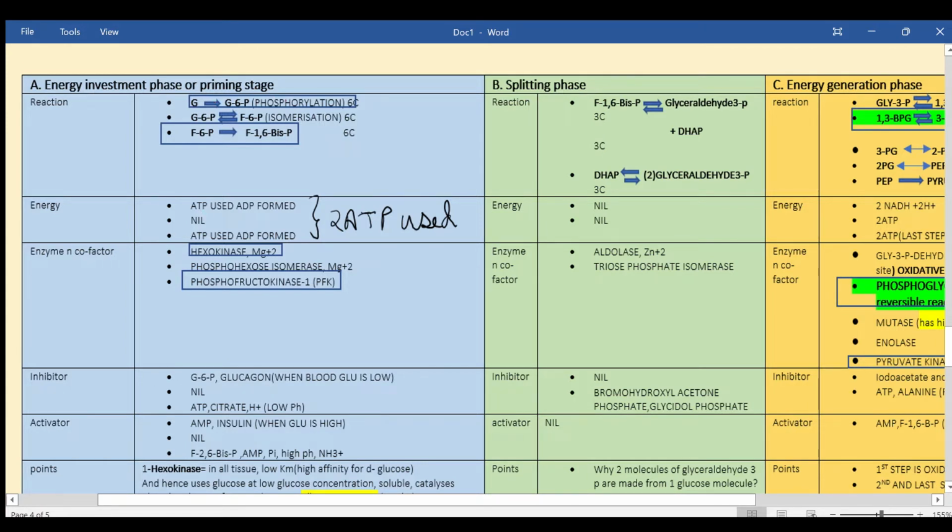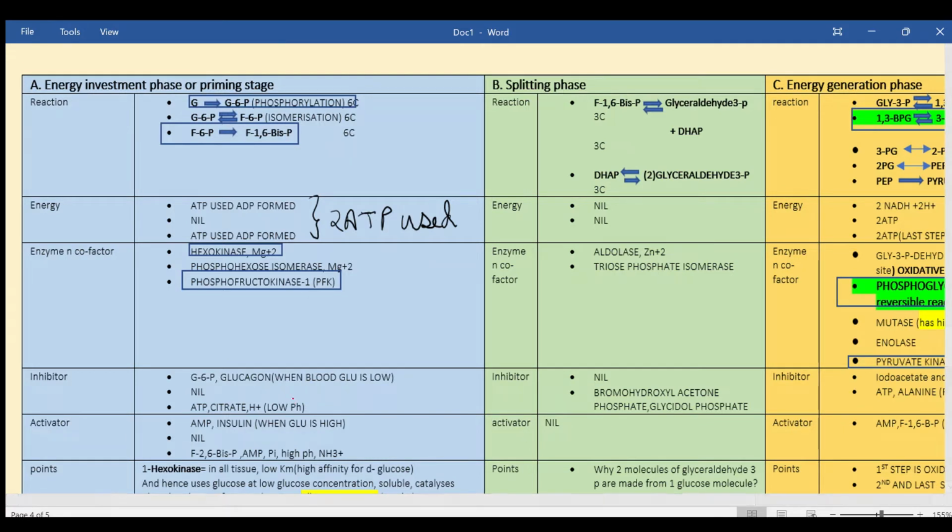The second step does not have any inhibitor, and the third step has ATP, citrate, and hydronium ion, or precisely low pH condition, as the potent inhibitors.